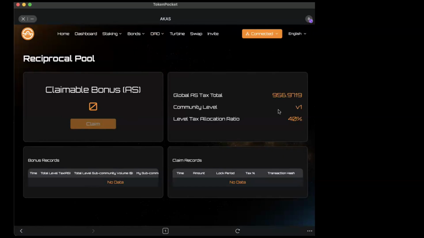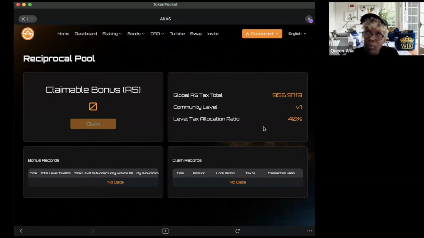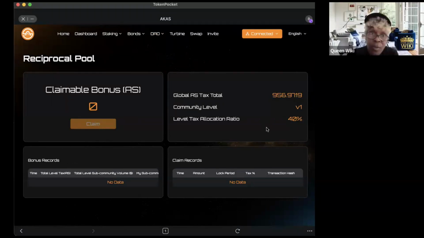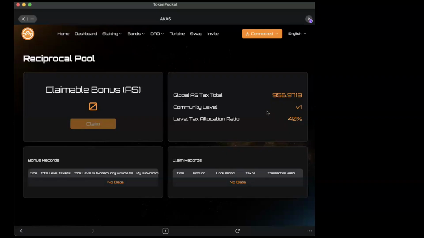And the tax is the withdrawal fee that runs from what is it, 15% to 1%, right? 40% to 10%. You can try to click on your reciprocal pool here. Remember, depending on how long you release, if you release lower, you get higher tax.